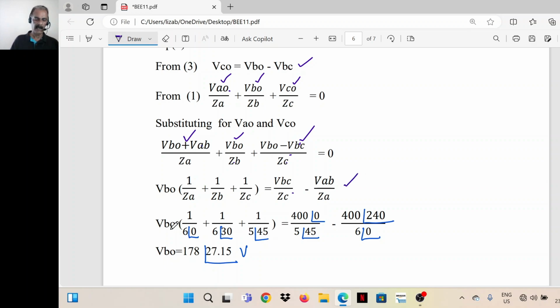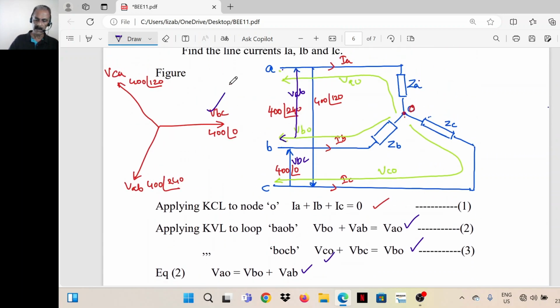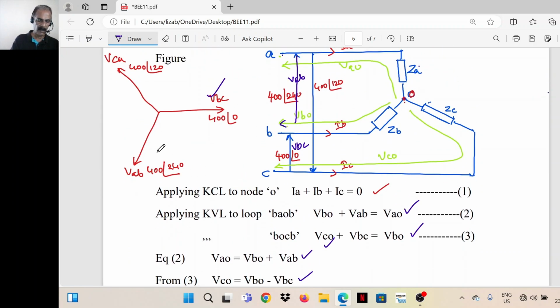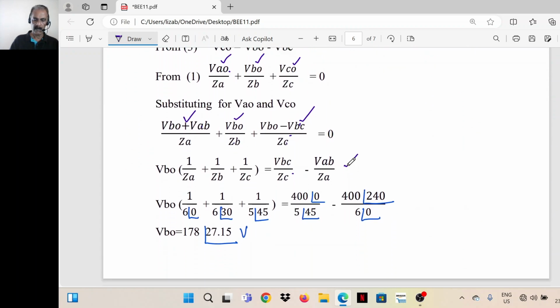Now substitute the values. VBO into ZA is 6 angle 0, ZB is 6 angle 30, ZC is 5 angle 45, is equal to VBC is 400 angle 0 by ZC, minus VAB, which is 400 angle 240, divided by ZA, 6 angle 0.